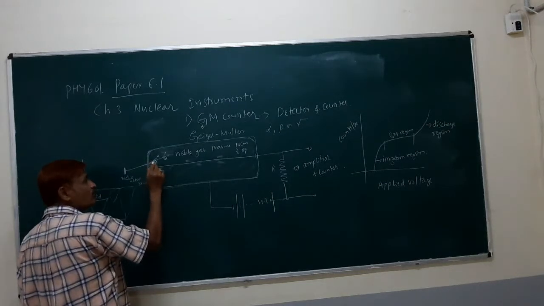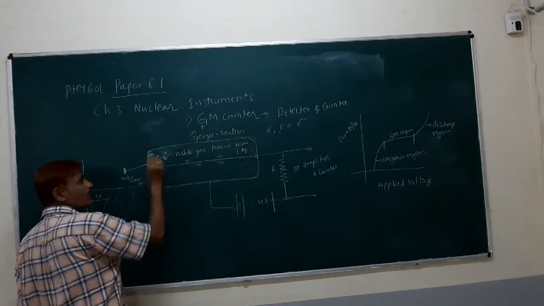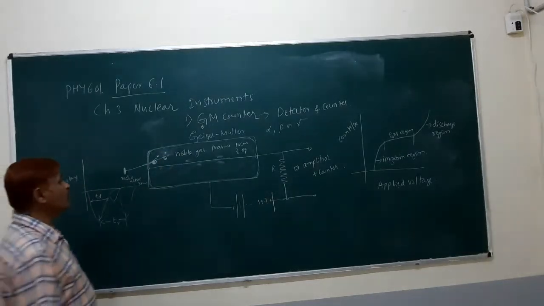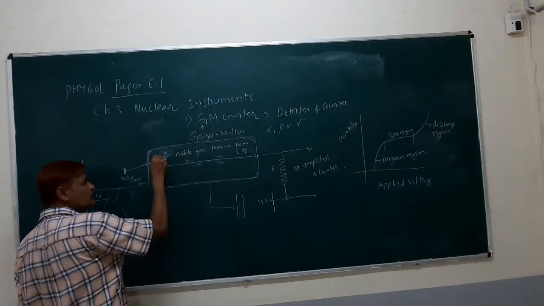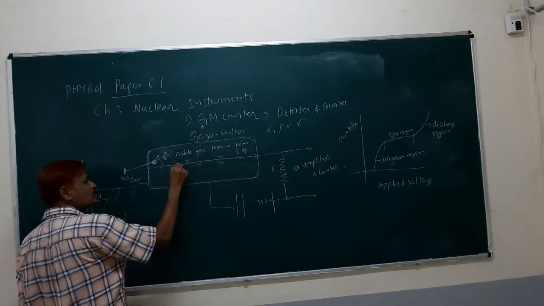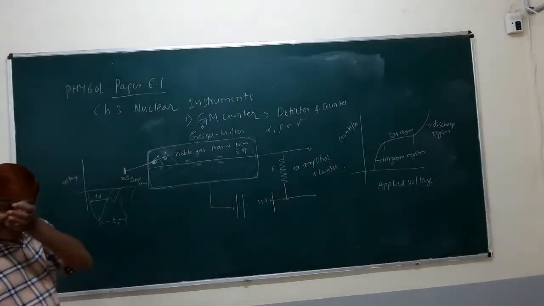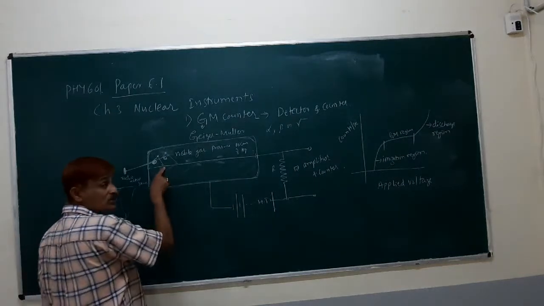So the ion pairs are produced in the path of the nuclear radiation. Then what happens? All these negative electrons start moving towards the positive anode, or in other words, they are accelerated and reach the opposite electrode.